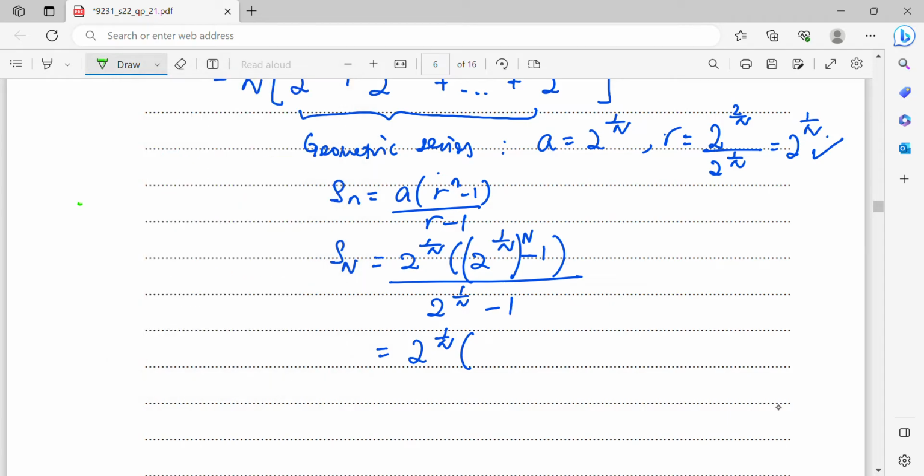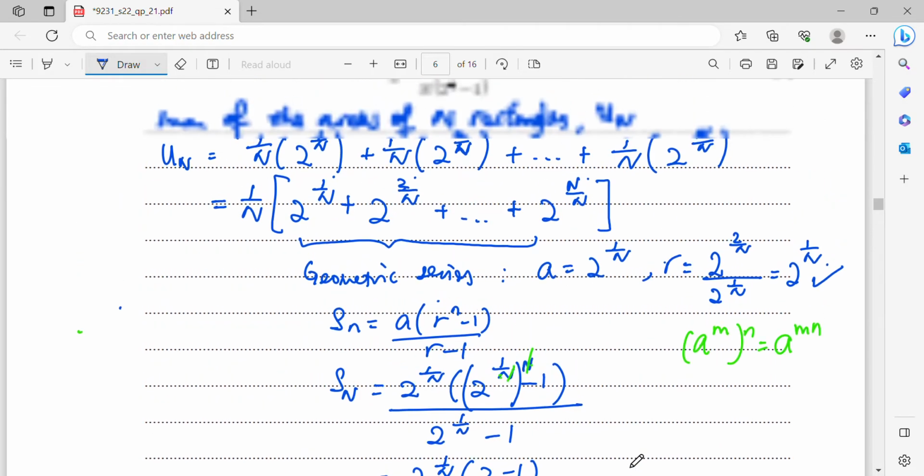When you simplify this, again we use the formula a to the m, to the n, equals a to the mn. So these two can be multiplied, and I will cancel off to get 2 to the degree 1. So 2 to the degree 1 minus 1, you will be getting just 1 in the bracket. So I will get 2 to the power of 1 over n divided by 2 to the power of 1 over n minus 1.